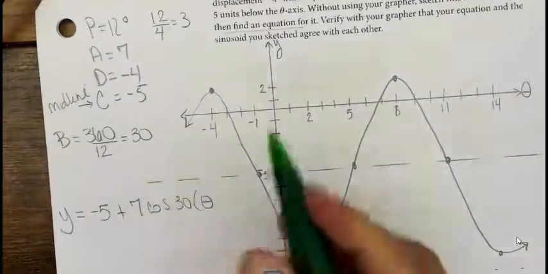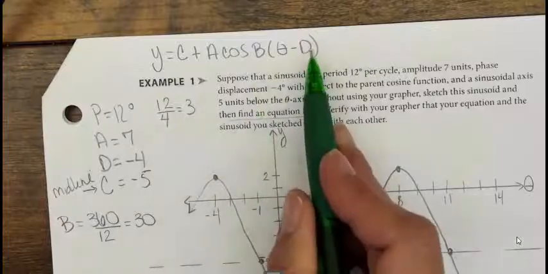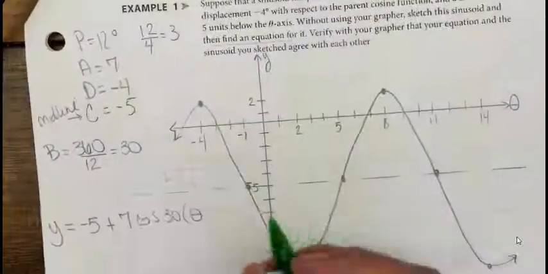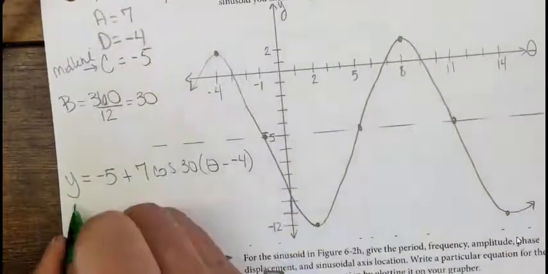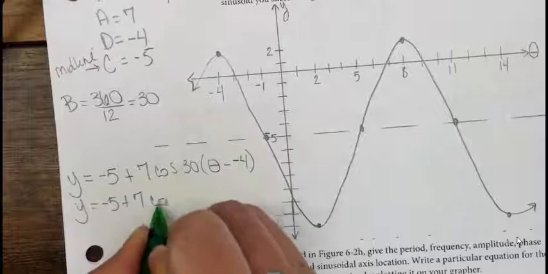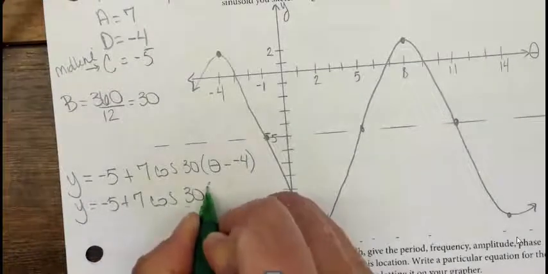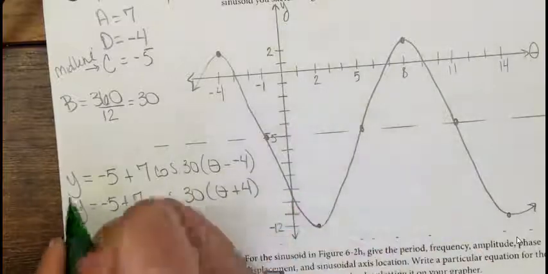And then you got theta, and then minus d, or minus a -4. I'll write that out, but I'm going to go ahead and simplify it. So -5 plus 7 cosine of 30 times the quantity theta plus 4.